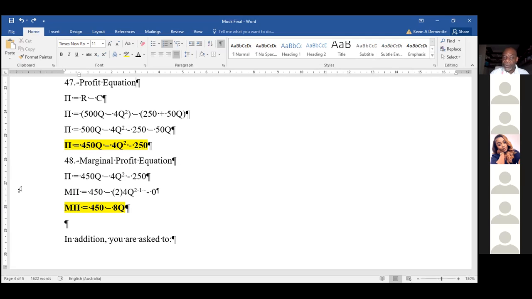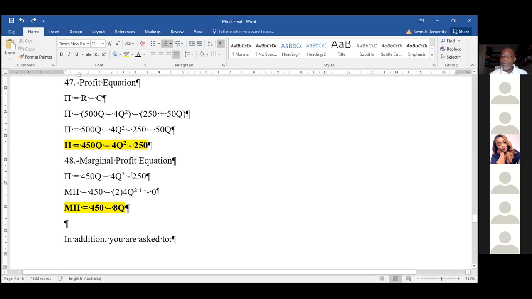Rule number 3, which we looked at for marginal revenue, says when you have a variable raised to some power, you bring down the power and subtract 1 from the original power. So we bring down the 2, and 2 minus 1 gives us 1. 2 times 4 gives us 8, and anything raised to the power of 1 is itself. So we end up with 8Q.